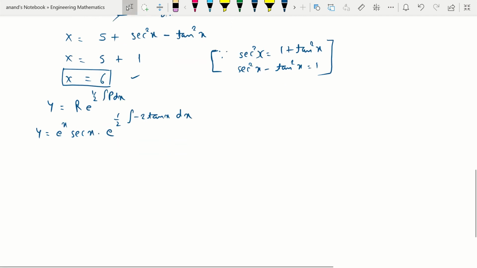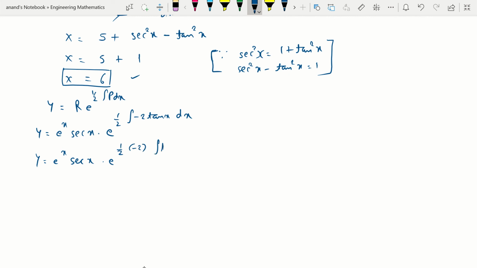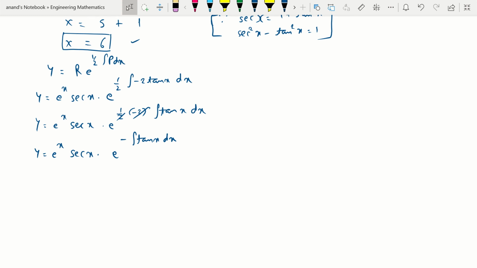So here we get e to the power x sec x e to the power 1 by 2 minus 2 has been taken out as common because it is a constant. So we get y equals e to the power x sec x e to the power minus integration of tan x dx.